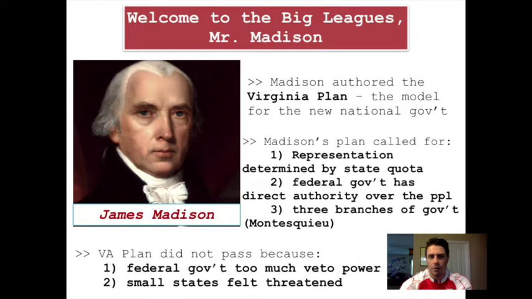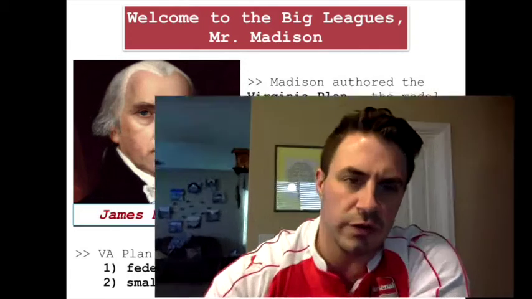But along with the three branches proposal, which was again part of the Virginia Plan as well as this idea of proportional and quota-based representation, Madison also was a strong proponent of federalism, the state governments sacrificing their own power on behalf of the national government. So Madison would become one of the most ardent federalists at the Constitutional Convention.